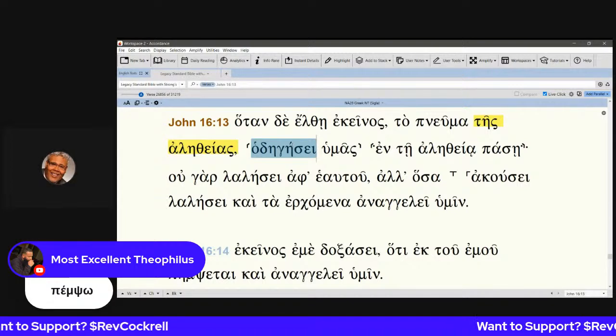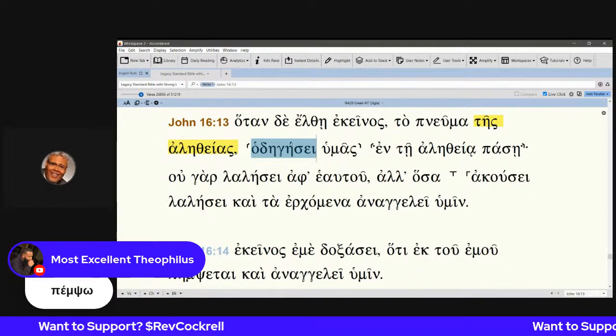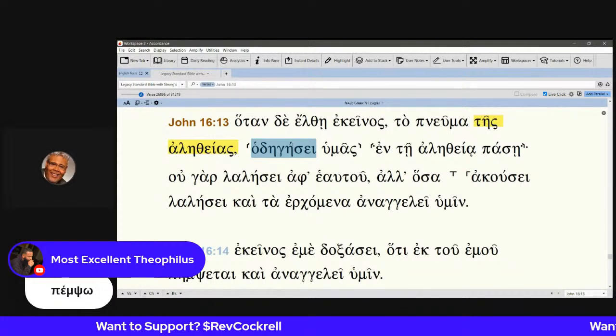The Greek future tense basically is a zoomed out picture. It's taking into consideration everything that the Holy Spirit does in his leading. So it's showing you he will lead you, he will guide you.